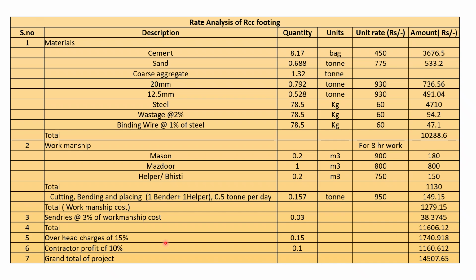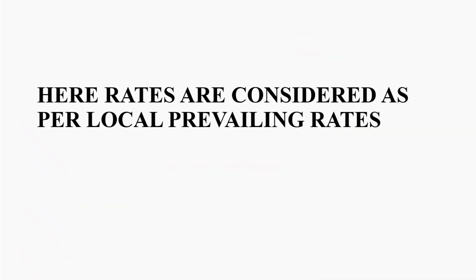On the total cost, overhead charges and contract profit are added in order to obtain the grand total of the project, which is the ultimate rate of the project to be spent on the footing, 14,507 rupees. These prices are considered based on the local prevailing rates.